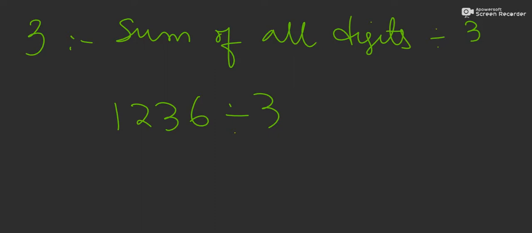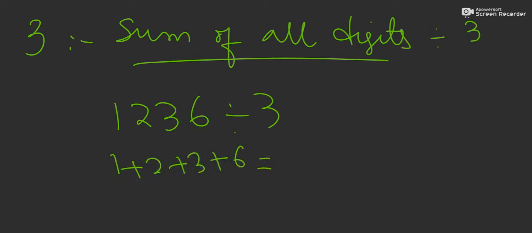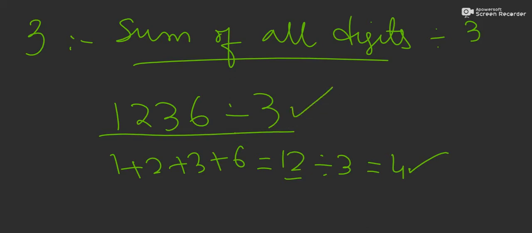How can we find out easily? By using the divisibility rule. The sum of all digits: 1 plus 2 plus 3 plus 6. 6 plus 3, and this 6 will be 12. And 12 can be divided by 3. Yes. If the sum can be divided by 3, then the whole number can also be divided by 3. Yes, it can be divided by 3.